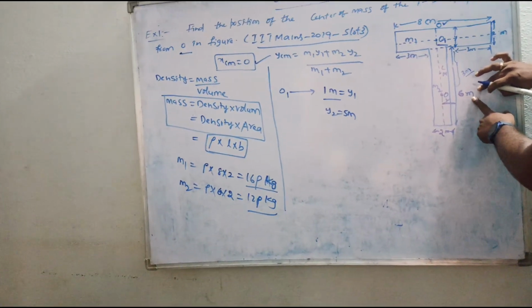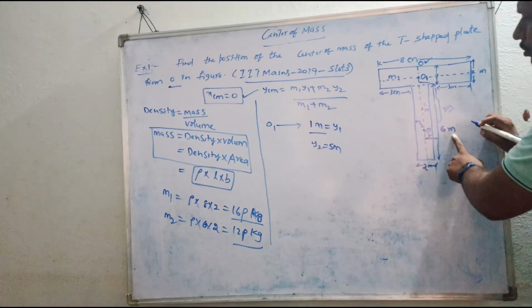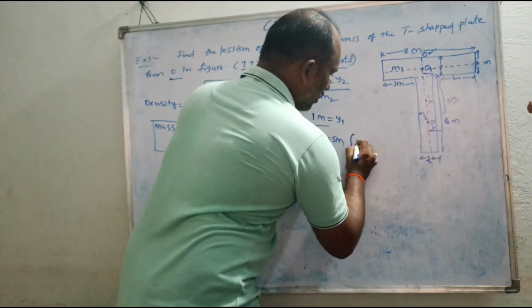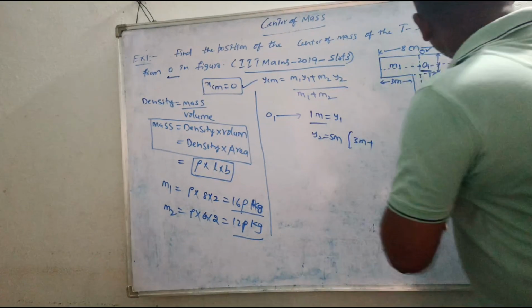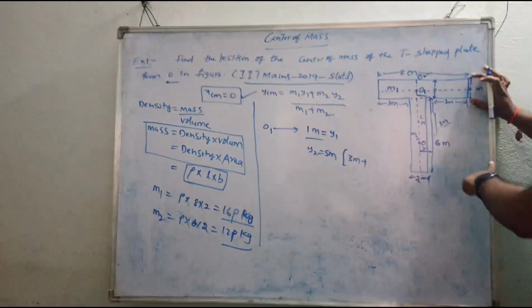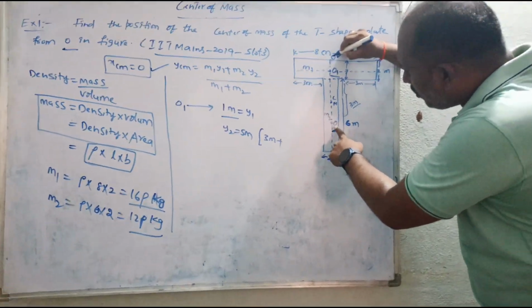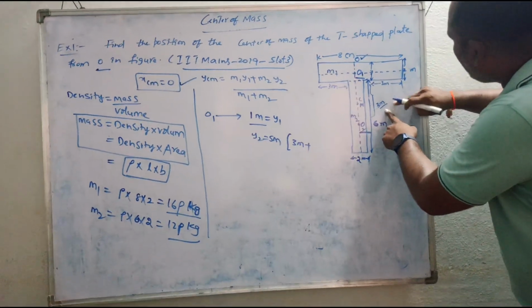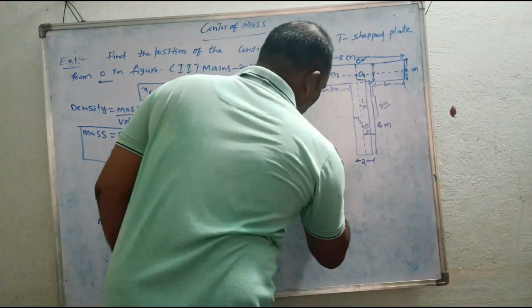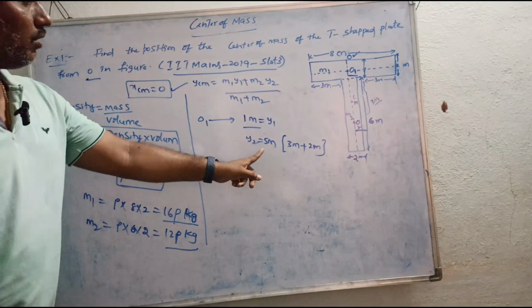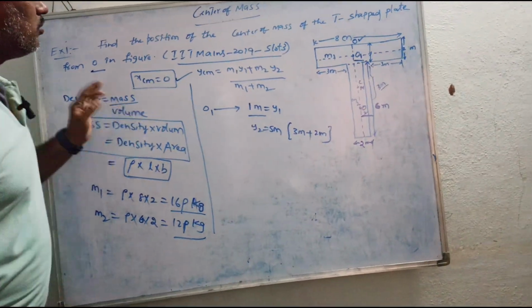In 6 meters, the midpoint is 6 by 2, which is 3 meters. This box is 2 meters, so we have to add, because it starts from the origin. From the origin to O2, 3 plus 2 is 5 meters.